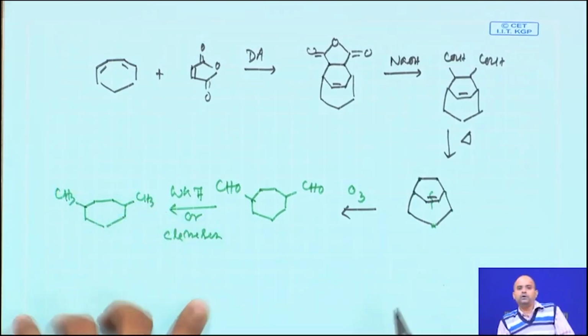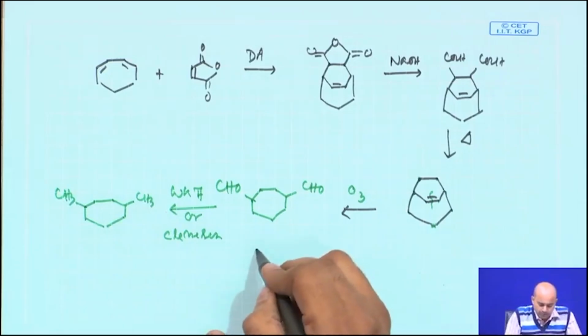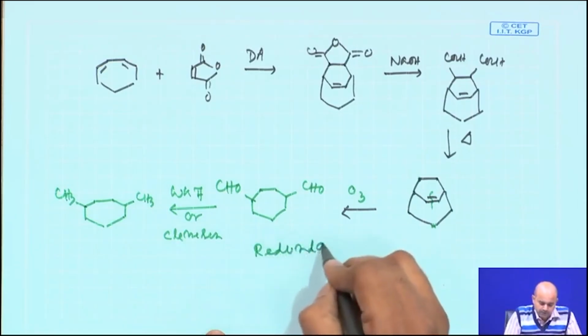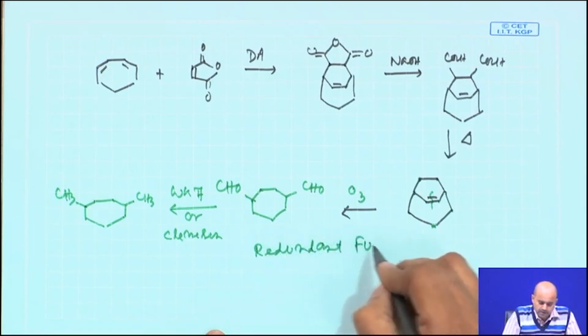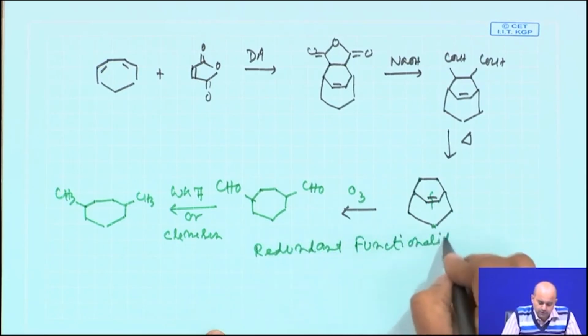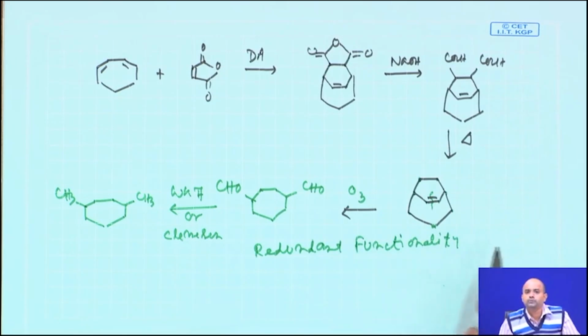So, here what we did basically, we used the concept of redundant functionality. We say that redundant functionalities are those functional groups which in reality are not a part of the molecule, but still you need to introduce those functional groups in terms of an effective FGI.